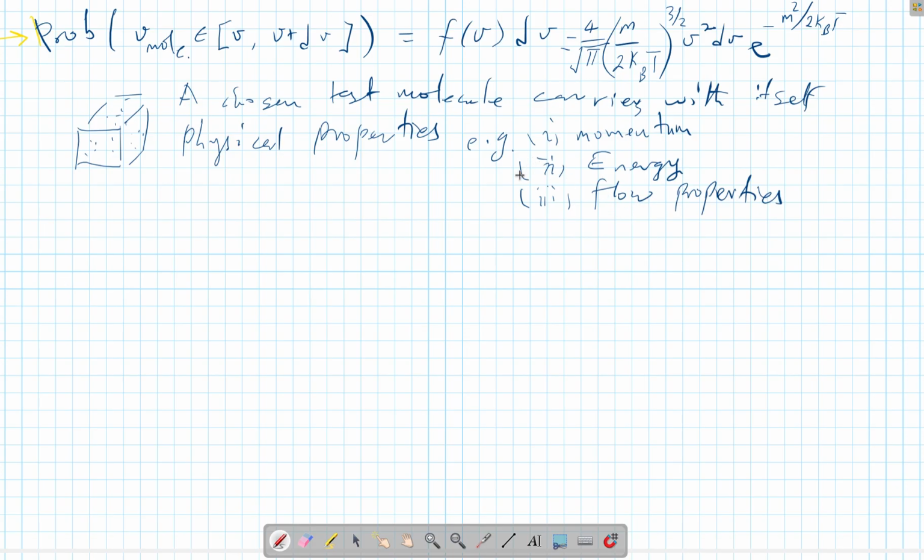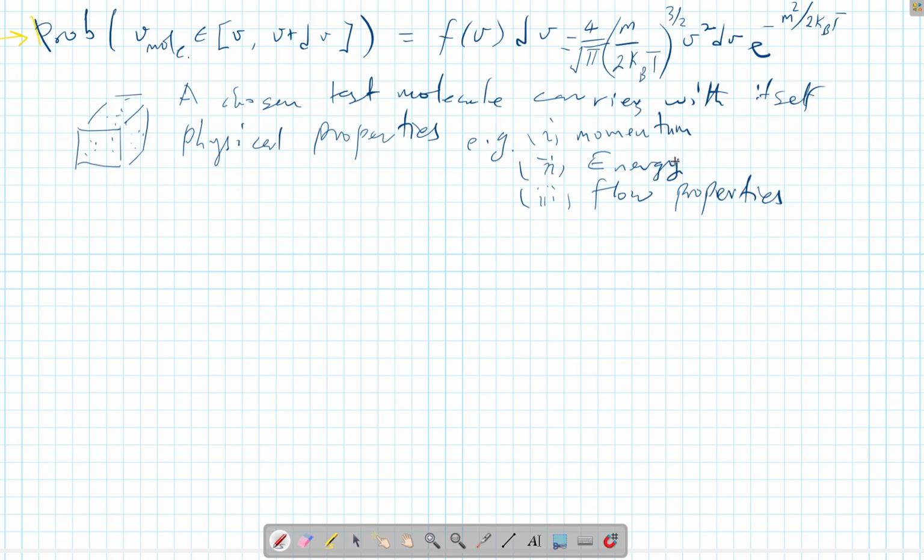So for example, this test molecule has momentum. You can compute its momentum. Average momentum is going to be mass of the molecule times average velocity. You can compute its average kinetic energy, half mv squared, so it's going to be half times mass of the molecule times the average of v squared.